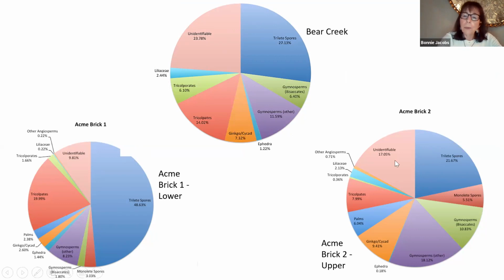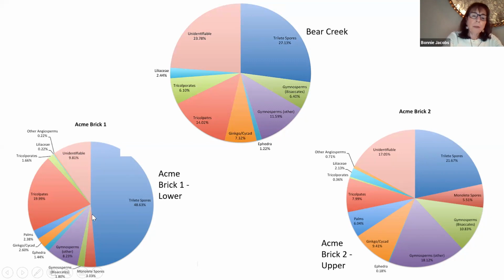So in the ACME brick quarry, for example, she's divided that big section into 2 different sequences. One is called ACME brick 1, one is called ACME brick 2, and we see here the angiosperms are shown from this point in the pie chart going around to this point.